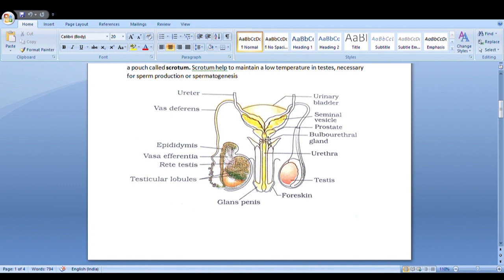Receive duct from prostate gland, then bulbourethral gland here. Now the ejaculatory duct joins with the urethra to form urinogenital duct and passes out. So the accessory ducts include rete testis, vasa efferentia, epididymis, vas deferens, ejaculatory duct, urinogenital duct.